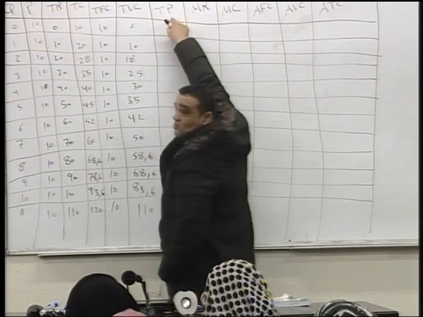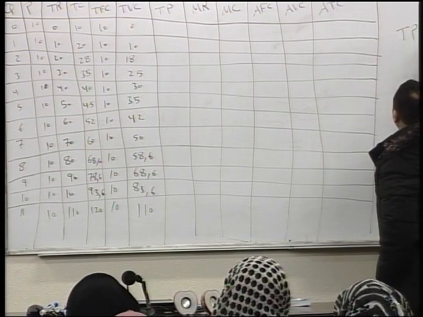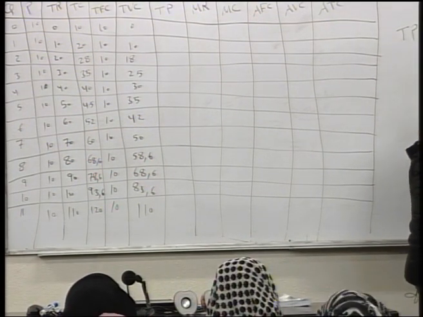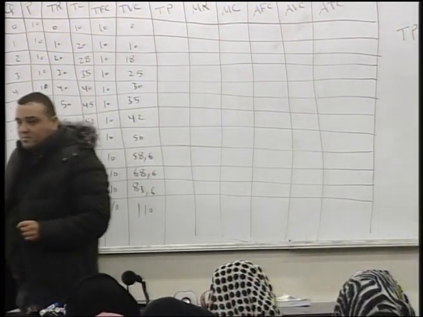TP is the total profit, which equals total revenue minus total cost. These are total economic profits.